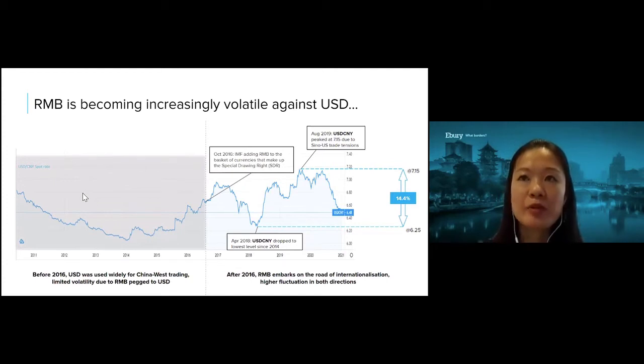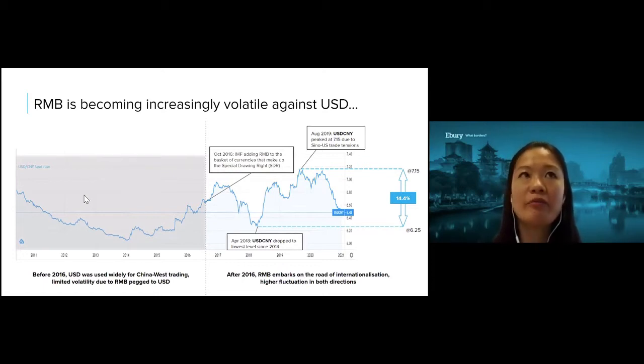But then as China's economy grew and their international role became more and more important, October 2016 was a major milestone, because that was when the RMB, the Chinese yuan, became part of the basket of currencies of the International Monetary Fund.